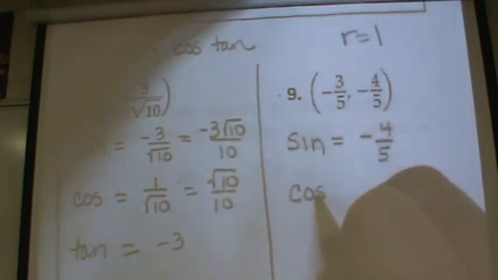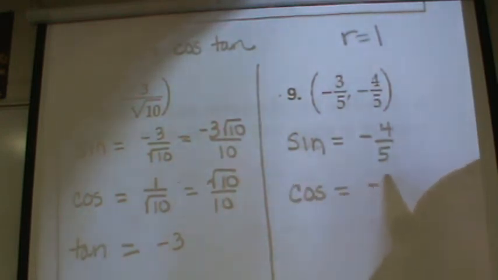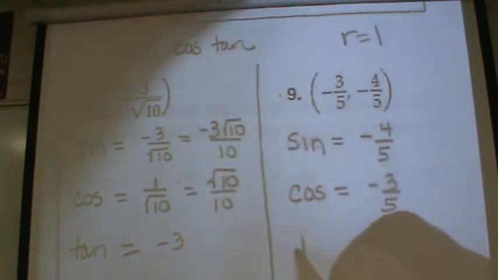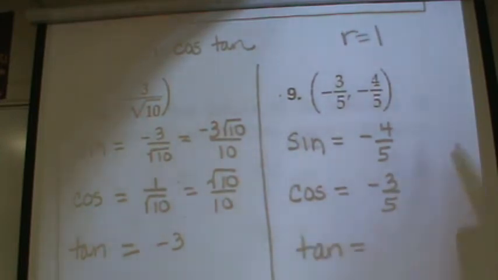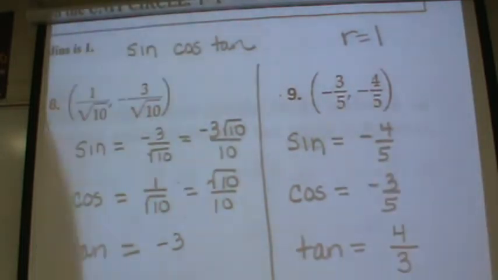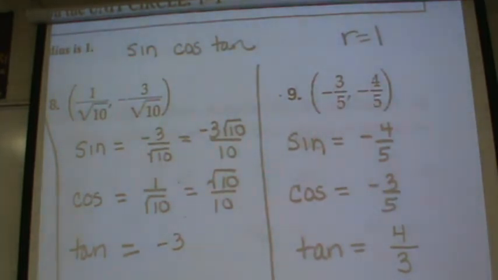What's the cosine? -3/5. And what's the tangent? Anyone? Is it positive or negative? Why positive? The negatives will cancel. Okay.